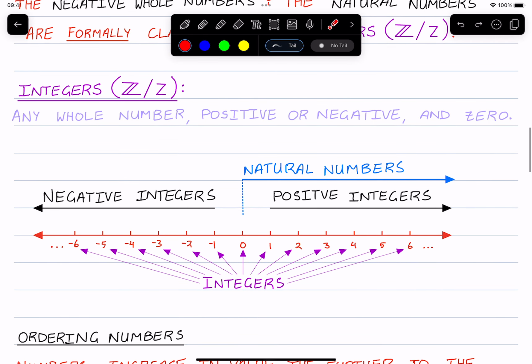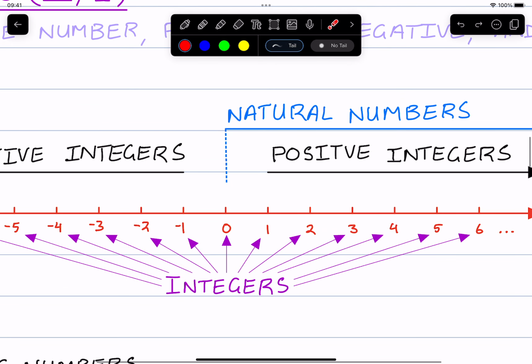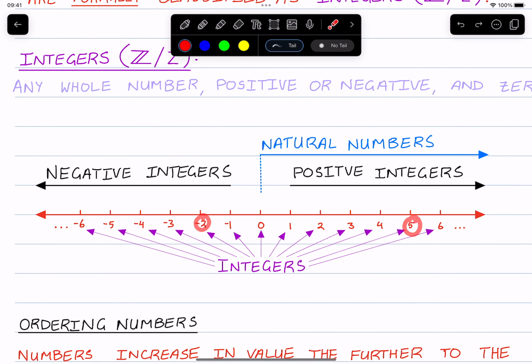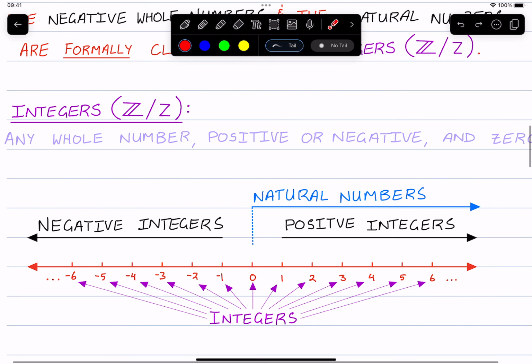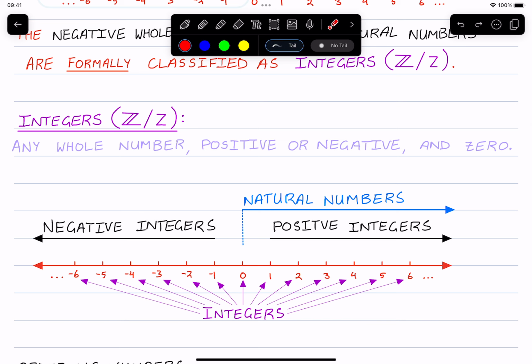So these are all integers. 0 is an integer, -2 is an integer, 5 is an integer, -10,000 is an integer, +1,000,000 is an integer, and so on. Essentially, any whole number is classified as an integer, positive or negative.